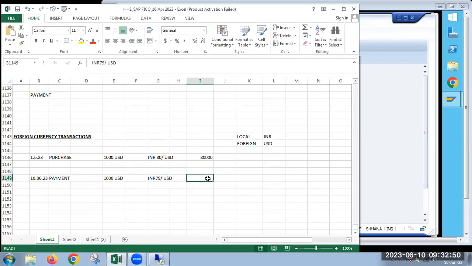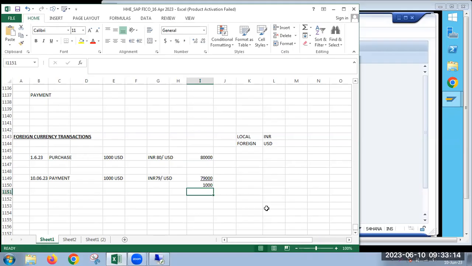Then how much will we pay in local currency to close the entry? 79,000. So only 79,000 we are paying. So there is a difference between the payable balance and the actual amount that we have paid. Here you can see there is a realized difference of 1,000 rupees.